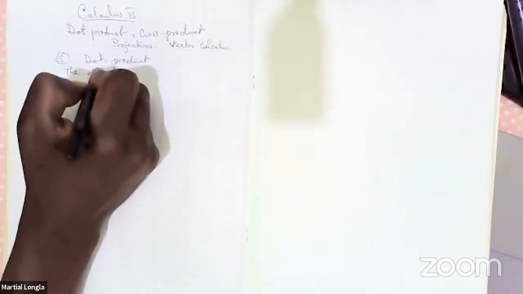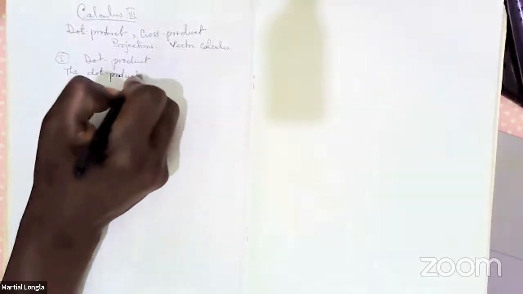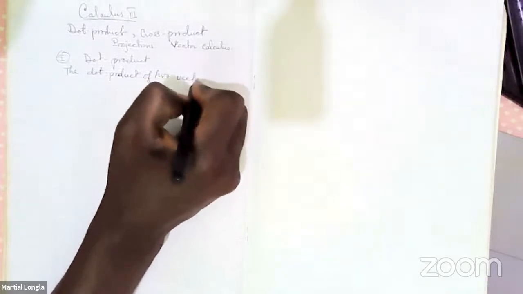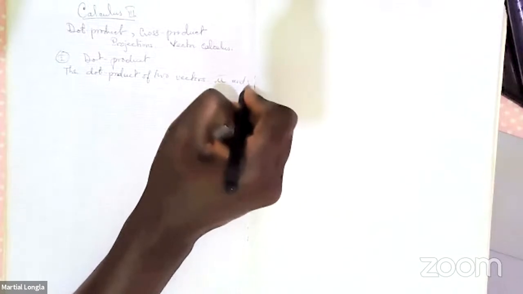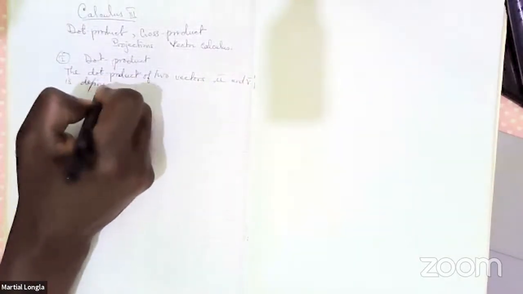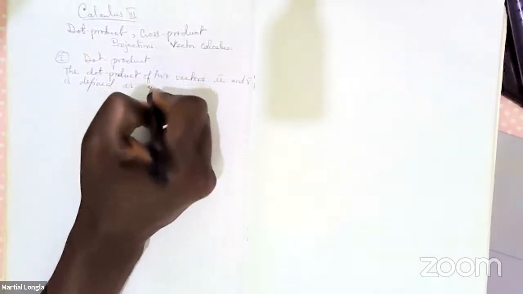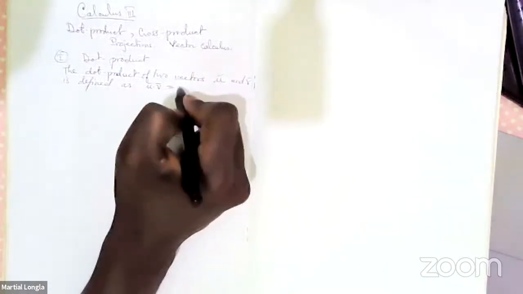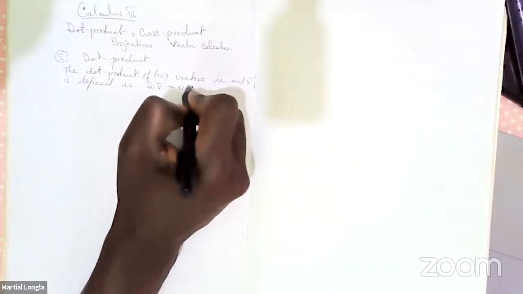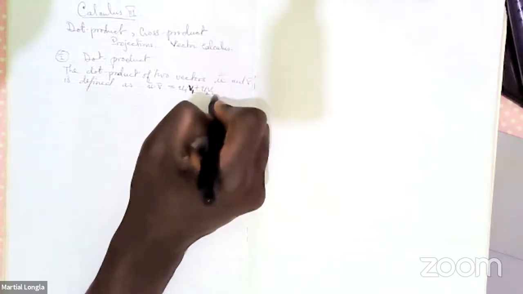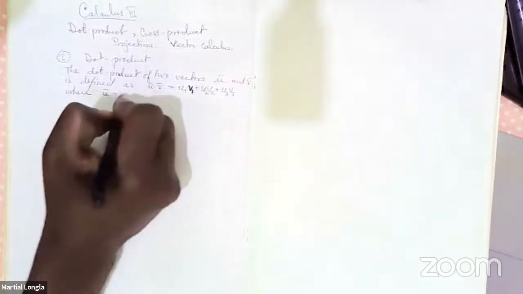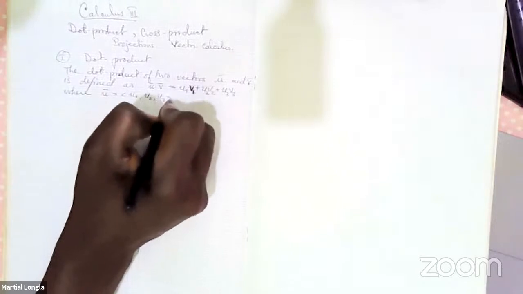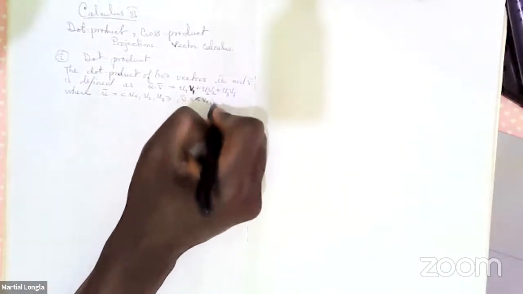The dot product. So the dot product of two vectors u and v is defined as u dot v equals u1 v1 plus u2 v2 plus u3 v3, where u is equal to (u1, u2, u3) and v is equal to (v1, v2, v3).